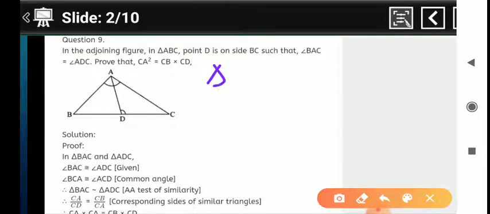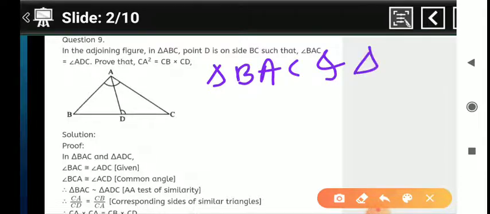Triangle BAC and the second triangle ADC. Now one pair of angles is congruent, given in the question, that is angle BAC is congruent to angle ADC.